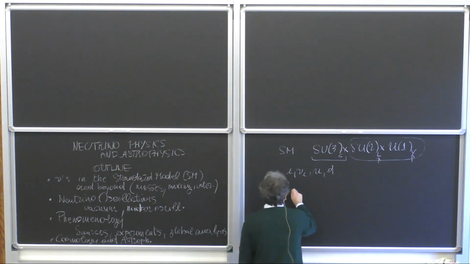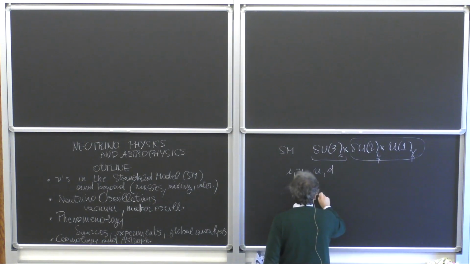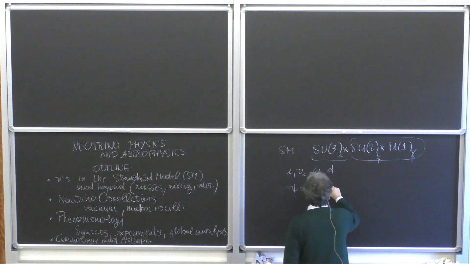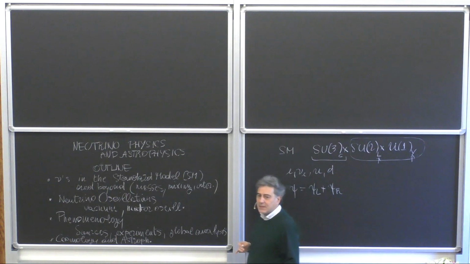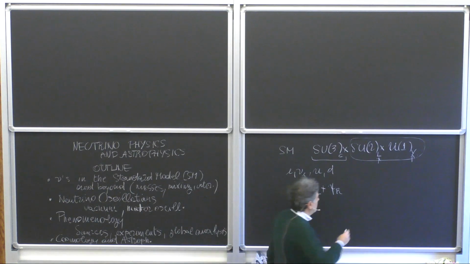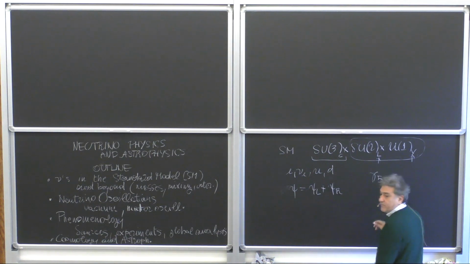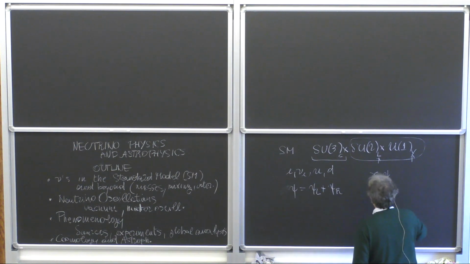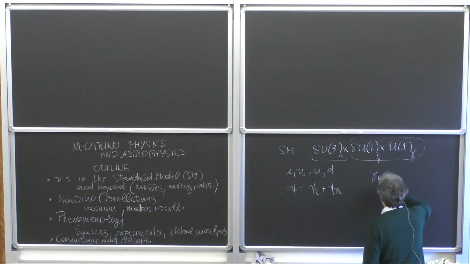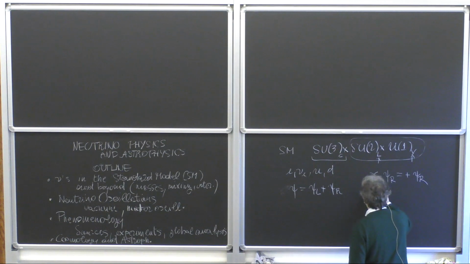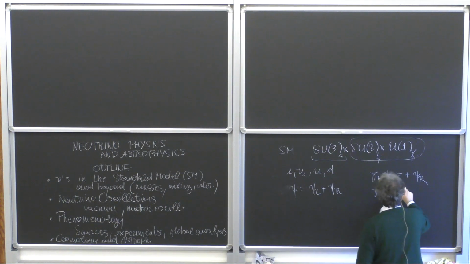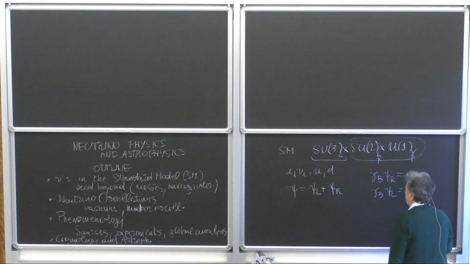So, for instance, in general, for a spinor, we can write psi as psi_L plus psi_R, where these two parts are the eigenstates of chirality, meaning the gamma 5 matrix. So gamma 5 psi_R is equal to plus psi_R, and gamma 5 psi_L is equal to minus psi_L.